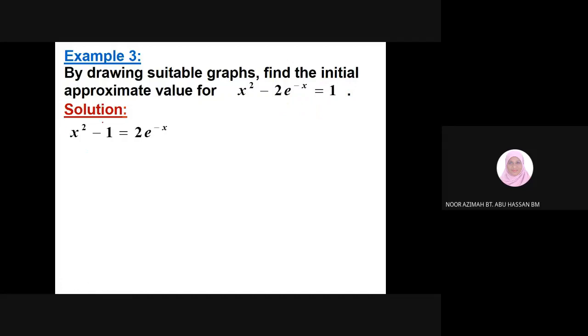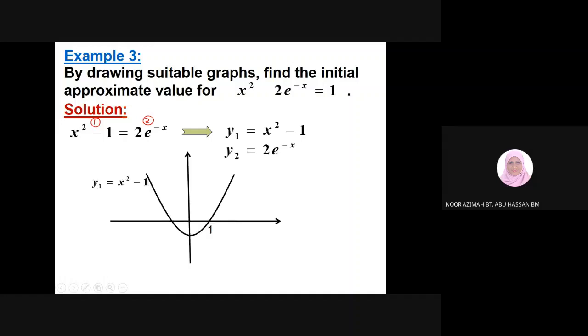So we will end up having this as our first function and 2e^(-x) as our second function. So it will be a combination between quadratic and exponential. Our quadratic has a minimum value at -1. And then e to the power of negative x, so it's this way around.